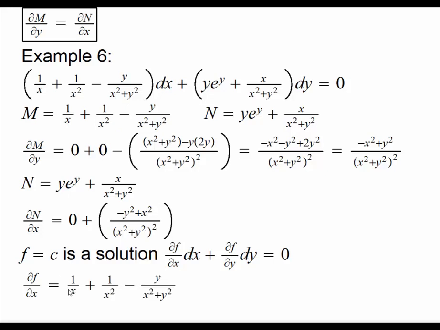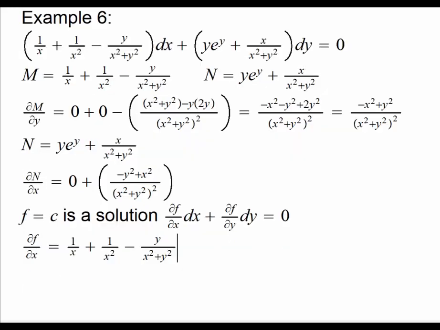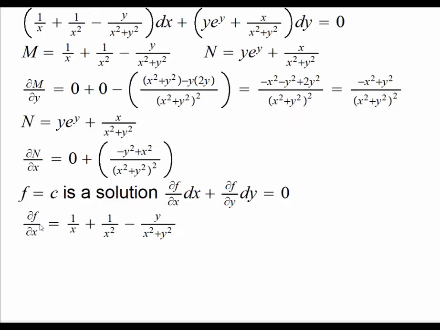So what we are going to do now is obtain f by integrating this quantity with respect to x. That means we'll treat y as a constant. So when we do that, what shall we get our f as? Or we may write it as f(x,y). Here we have natural log of the absolute value of x, and 1 over x squared.